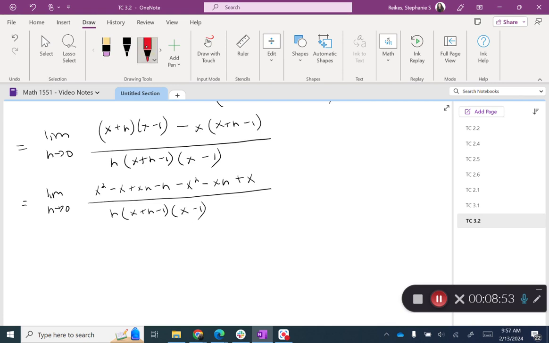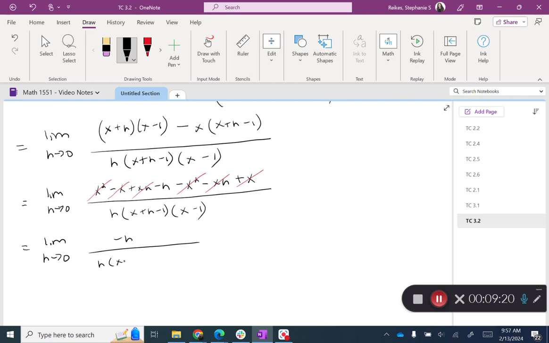All right, so let's see what's happening in the numerator. I have a positive x squared and a negative x squared that will simplify. I have a positive xh and a negative xh that will simplify. And what else did I say? Last item, I have a negative x and a positive x that's going to simplify. All right, so let's put it all together. What is left over? In the numerator, I see just a negative h.